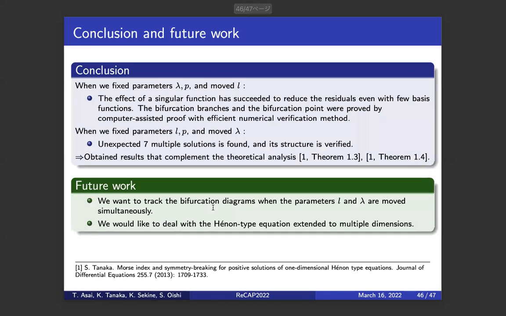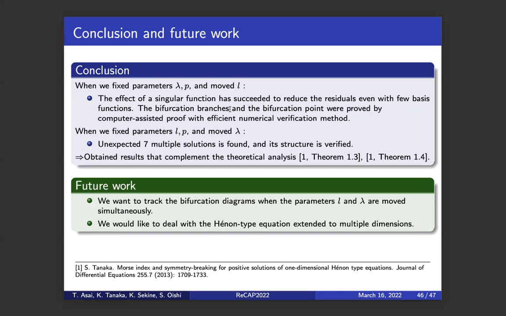Okay, finally, this is the conclusion and future work. In conclusion, when we fixed parameters lambda and p and moved the parameter L, the effect of the singular function succeeded in reducing the residuals even with few basis functions. And the bifurcation branches and bifurcation point were proved by computer-assisted proofs with an efficient numerical verification method.